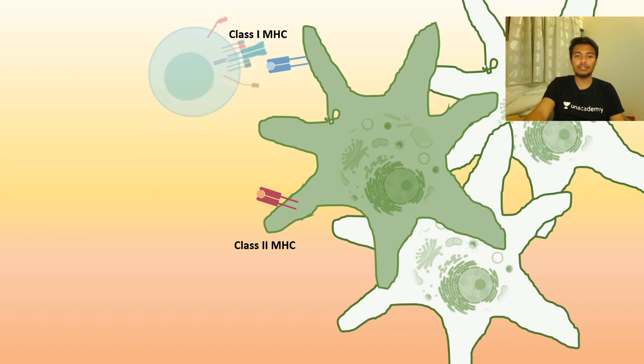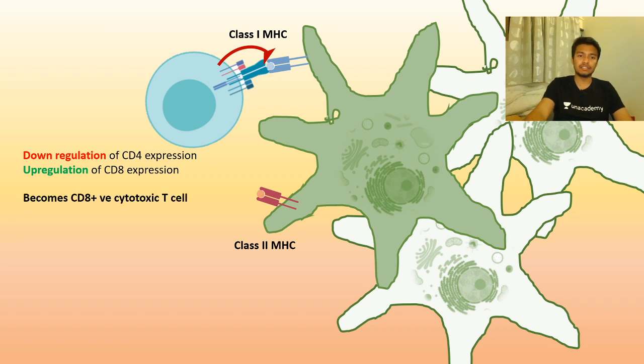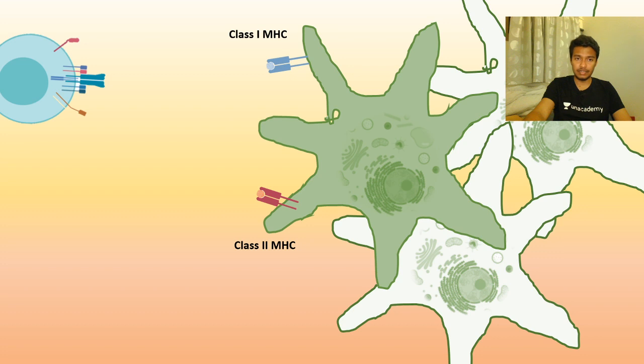Now the other way around, if it recognizes class 1 MHC bound peptide with a moderate affinity, they would start expressing the receptor CD8. CD8 gets upregulated and CD4 gets downregulated. Now that is how they're selected. Either they become a T helper cell, which is expressing CD4 positive markers, or they become a killer T cell, which is expressing CD8, right?